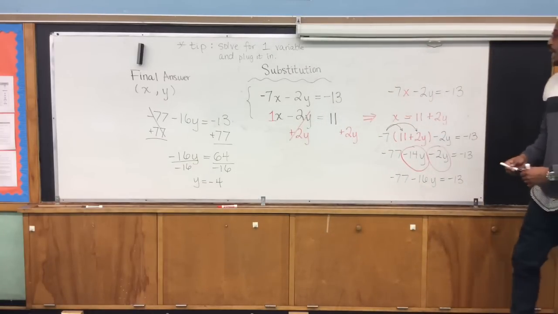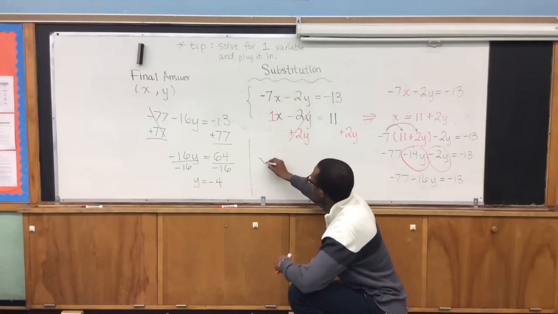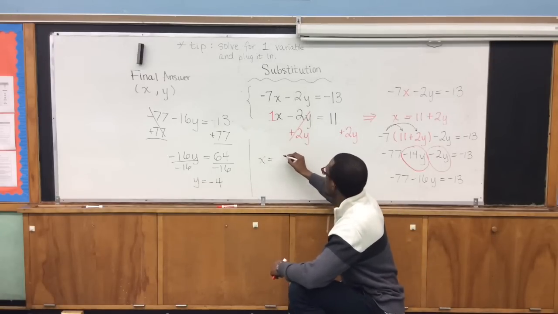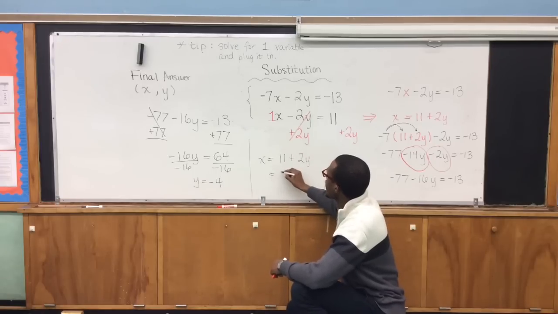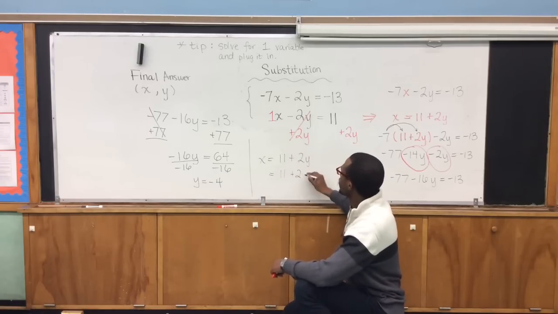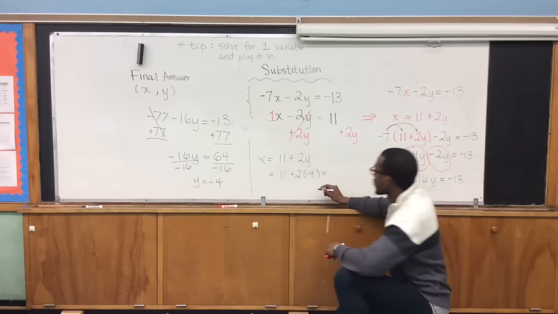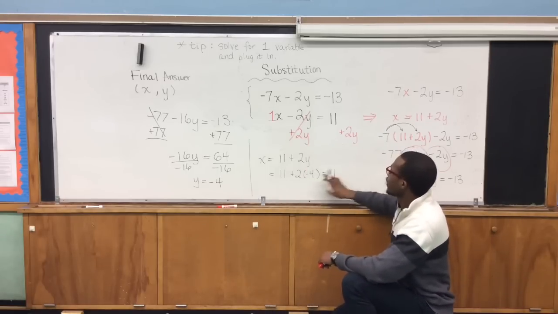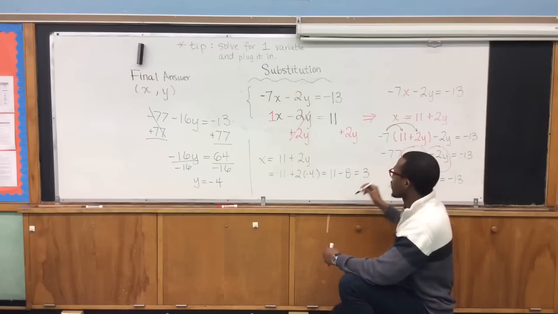So x equals 11 plus 2y, and y is -4, so plus 2 times -4. 2 times -4 is -8, and 11 minus 8 is 3.